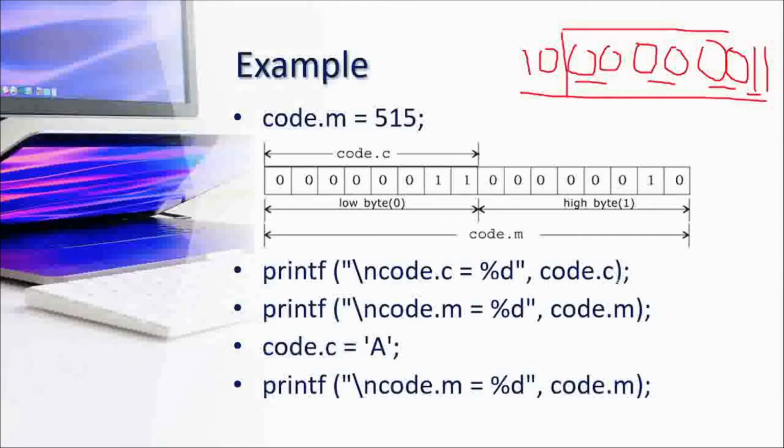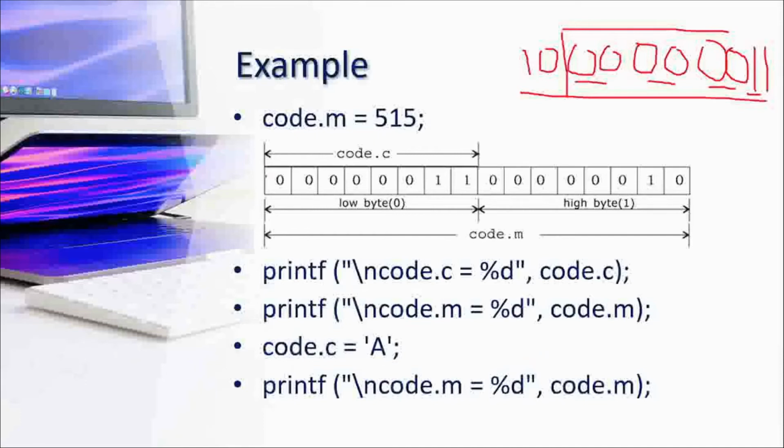So code dot c is treated as an integer variable, and it will take only the first byte, the first 8 positions.